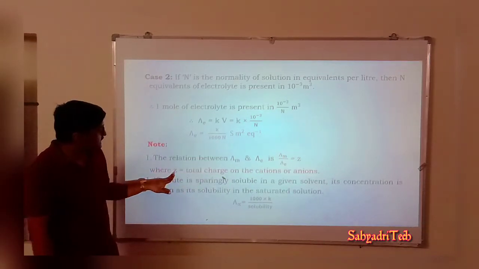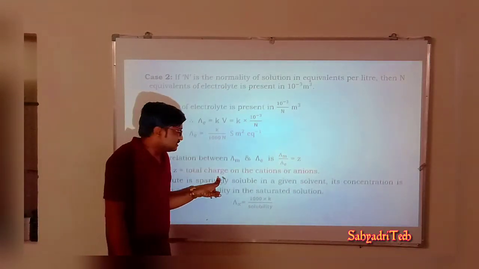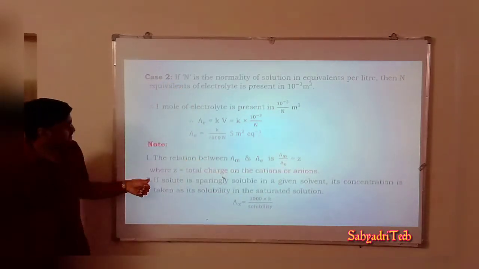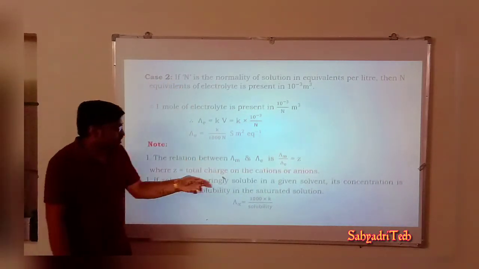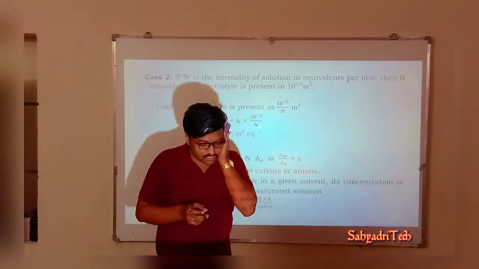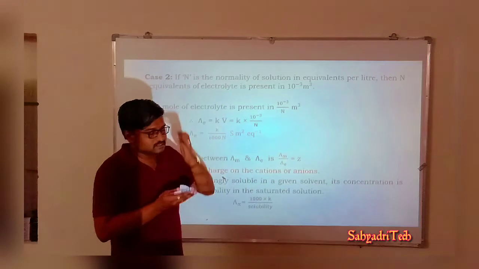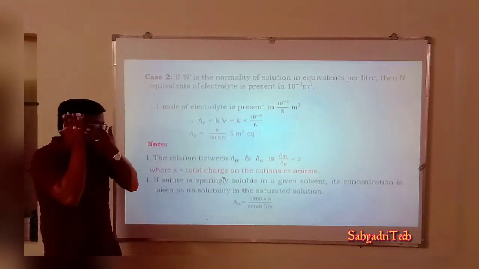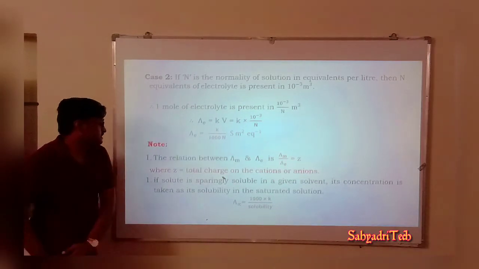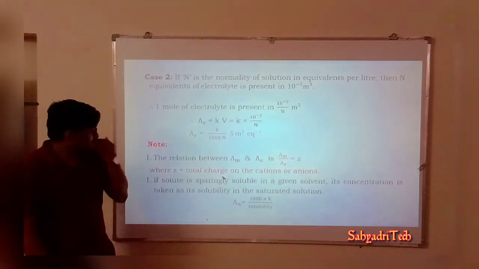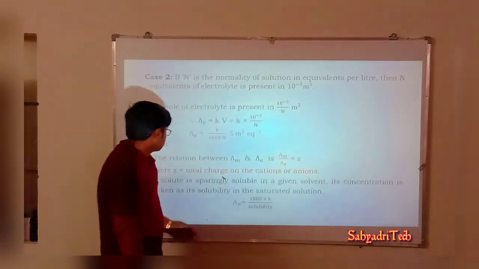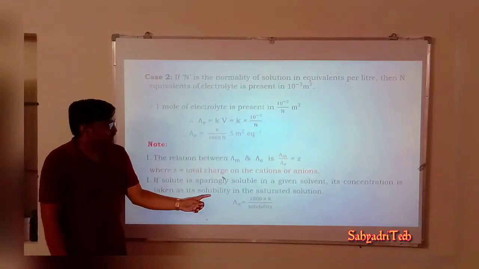Second, if the solute is sparingly soluble, meaning a weak electrolyte that undergoes partial dissociation and is partially, incompletely soluble in a given solvent, its concentration is taken as its solubility.